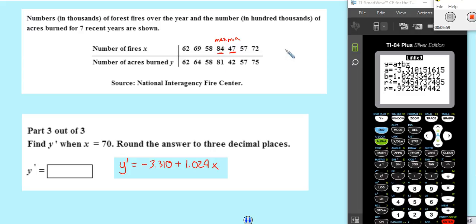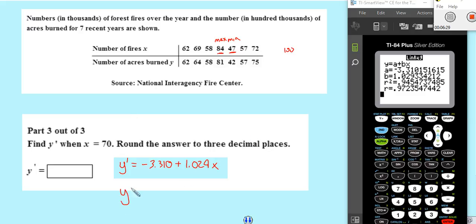If I use this data set to make a prediction for 100 fires, since that's outside the scope of my data, there's a chance that my prediction will not be as accurate as it could be, because my data doesn't cover a situation like that. So be real careful when making predictions from these sample sets, and make predictions inside the range of the data.